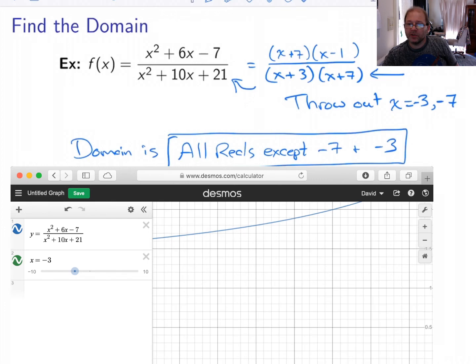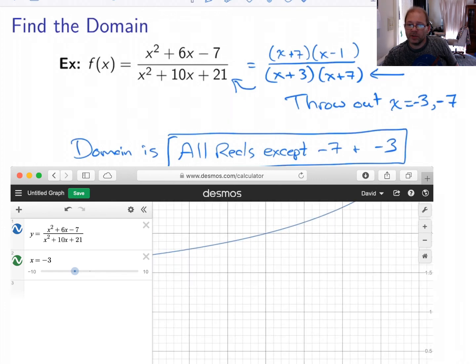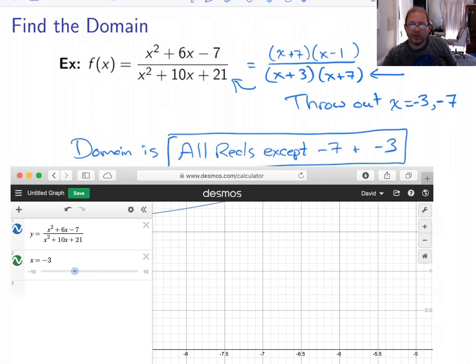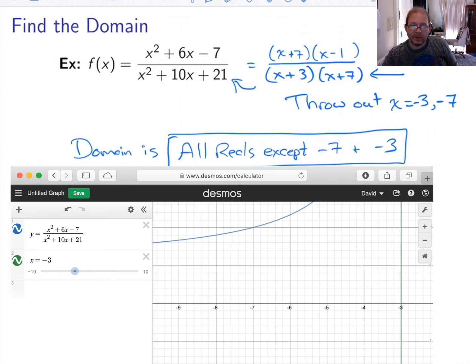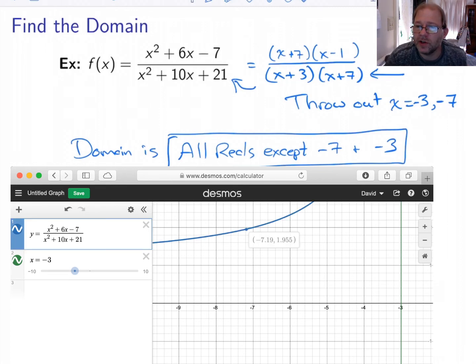Now, if we zoom in and look at the function here at negative 7, it looks like it's defined, but it's not. If I start tracing along the function, when I get up here to negative 7, it says negative 7 undefined. So that's not included in this function.